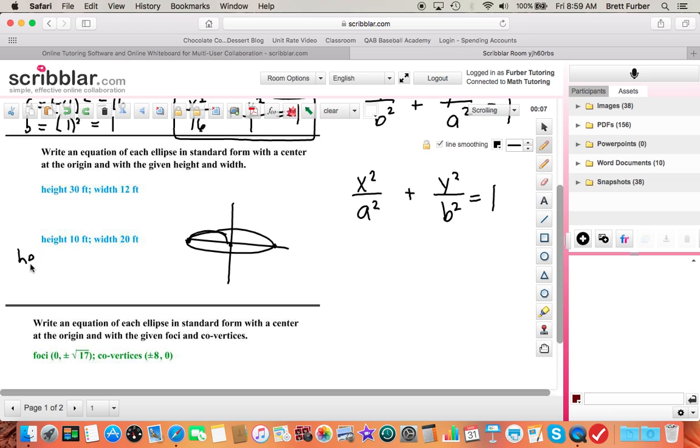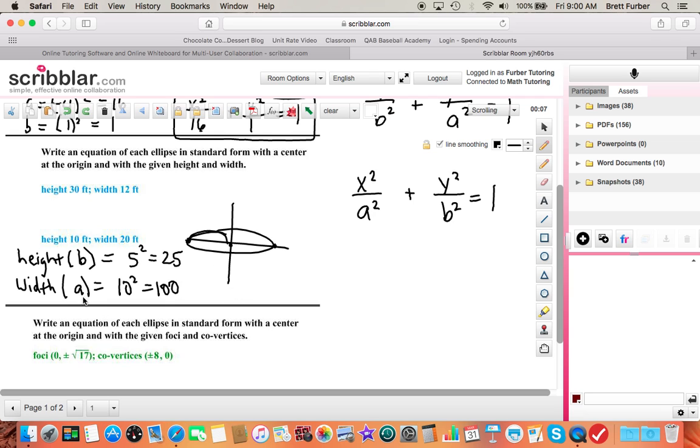So the height, which in this case is our b value, because remember the co-vertices are on the vertical axis, is going to be 5, because half of 10 is 5, and squared that gives me 25. And then our width is our a, and that's half of 20, which is 10. So when I square 10, I get 100.